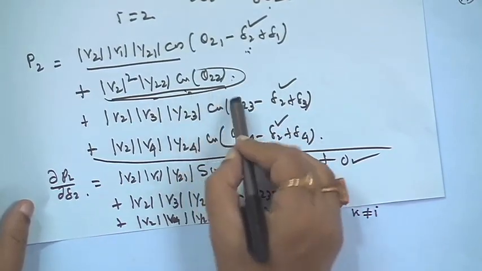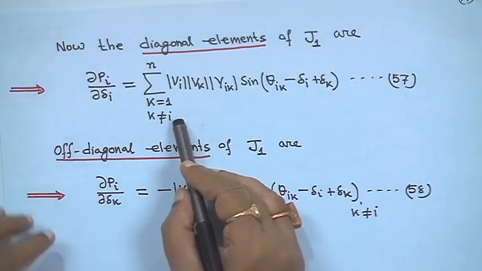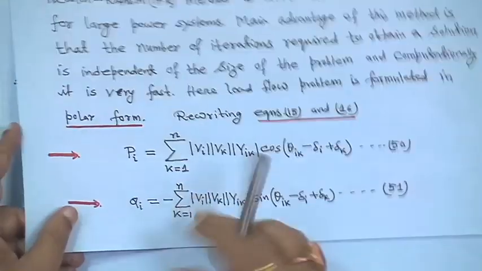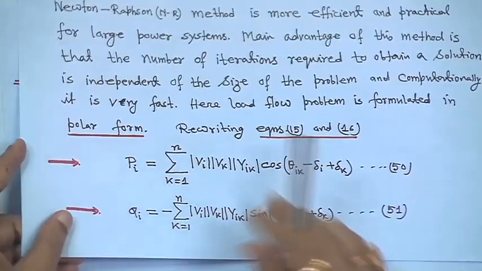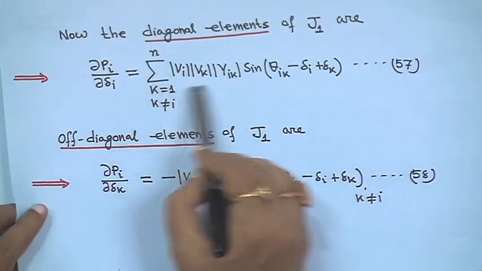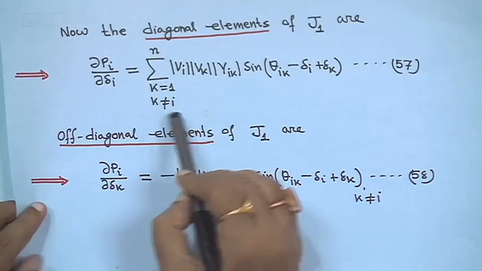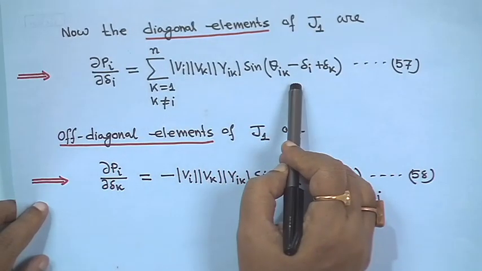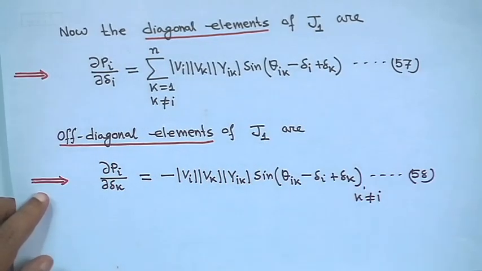That is why k is not equal to i. Although in the equation it is k equal to 1 to n, this delta P i, the diagonal element, is the sum of all these terms with k not equal to i, but with a sign multiplication. This is equation 57.